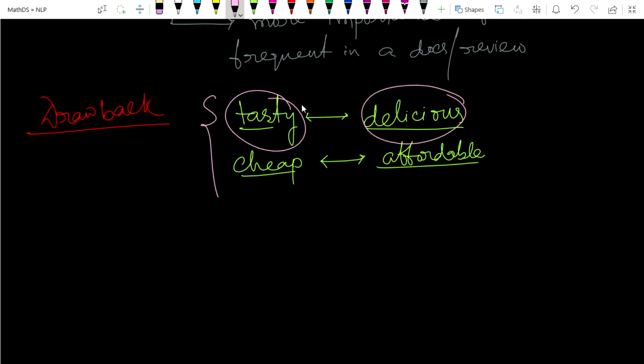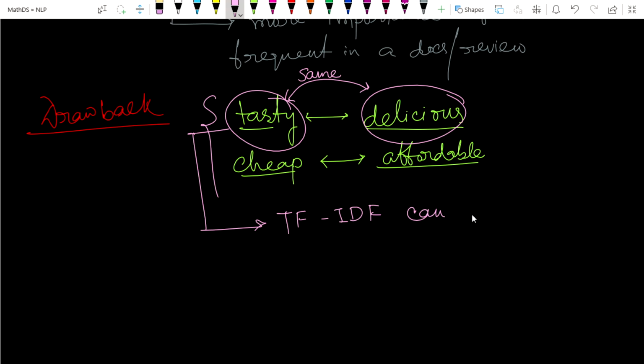Both have the same internal meaning, but TF-IDF cannot solve this issue.